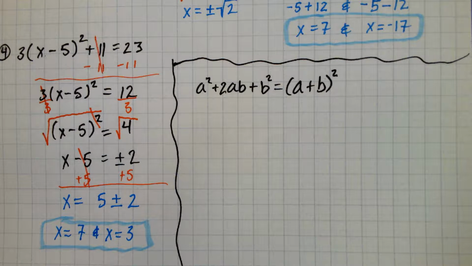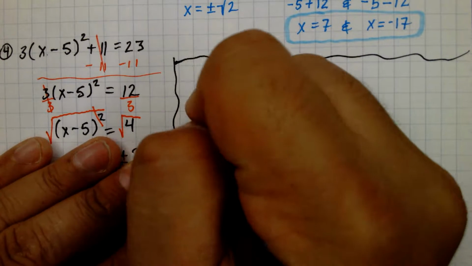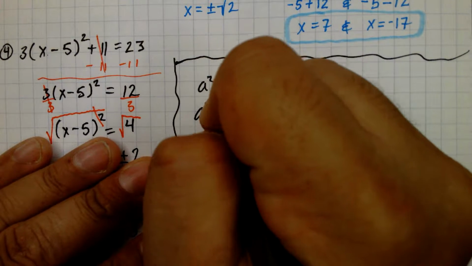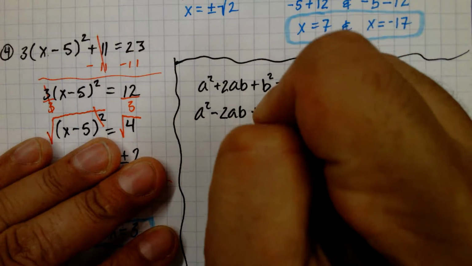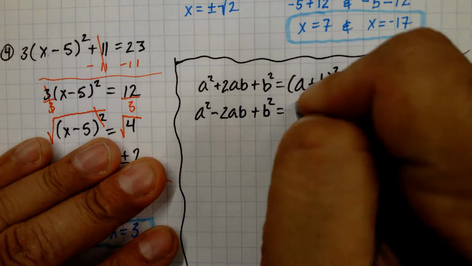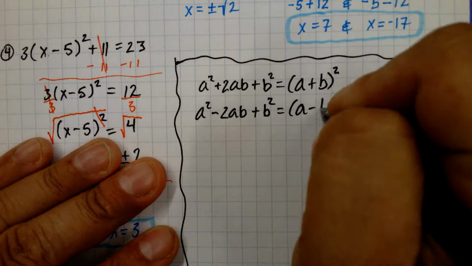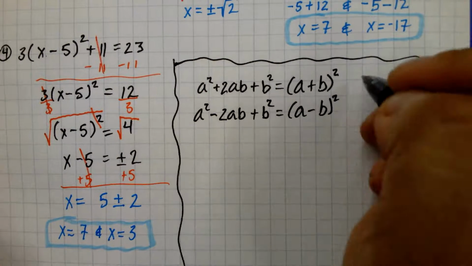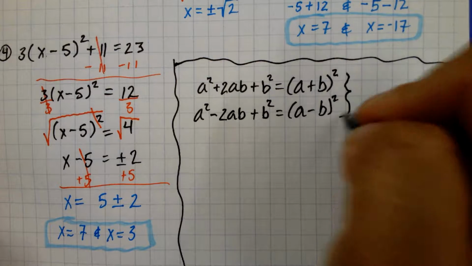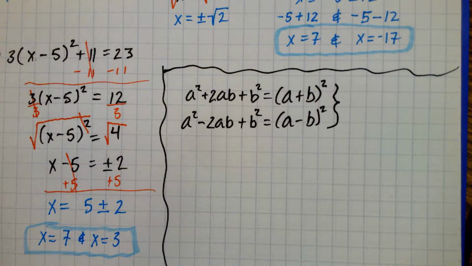Write that down. Does that look familiar? And then A squared minus 2 times AB plus B squared equals A minus B squared. If you remember, we called these squared binomials.